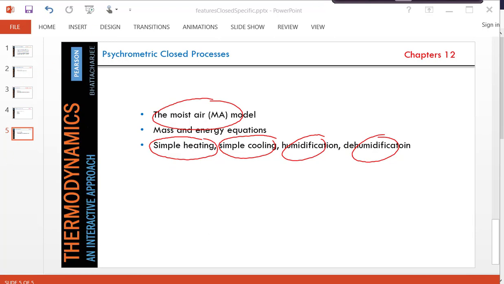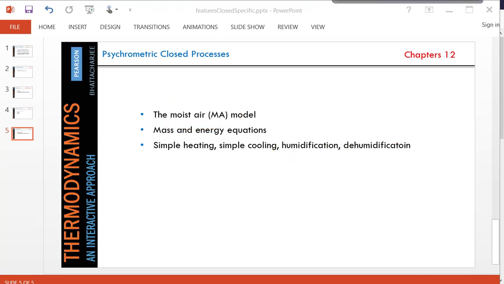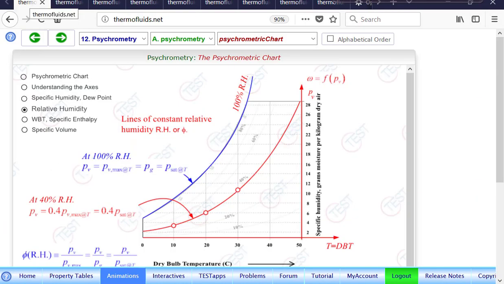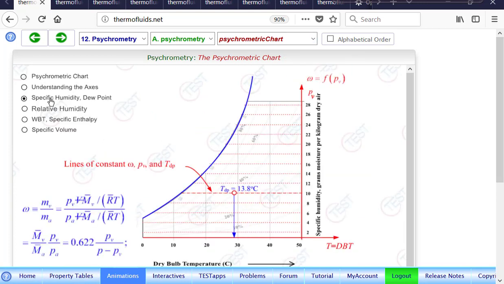Okay, so let's go over a couple of animations to make sure we know psychrometric properties, etc. This particular animation, 12A psychrometric chart, shows you different moisture-specific properties that are used in finding the state of moist air.